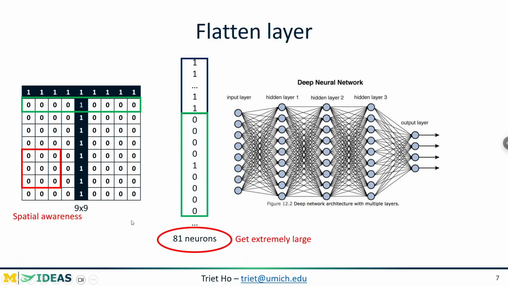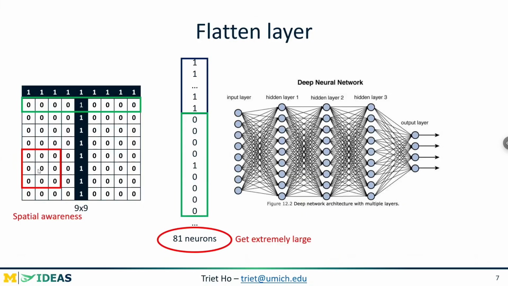The second problem is spatial awareness. What do I mean by spatial awareness? There's a theorem in pictures that every pixel is likely to be surrounded by similar pixels.